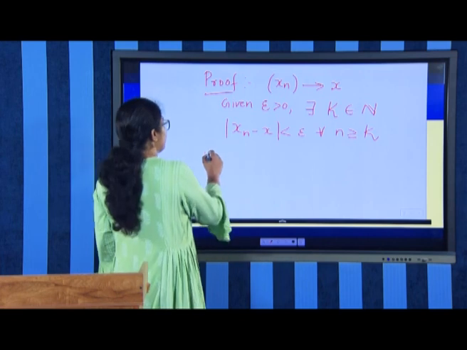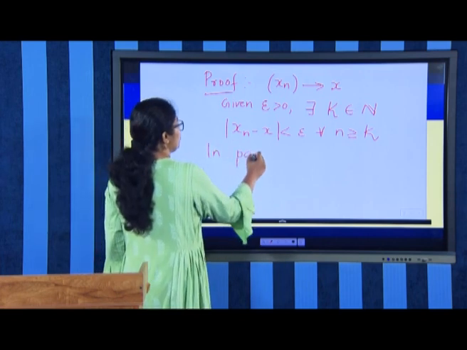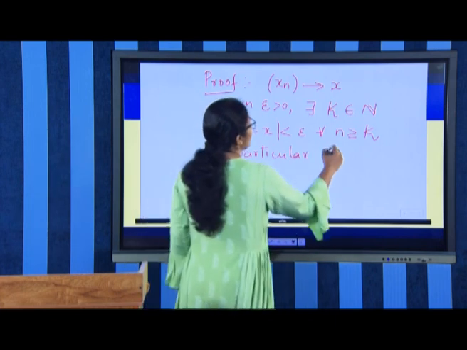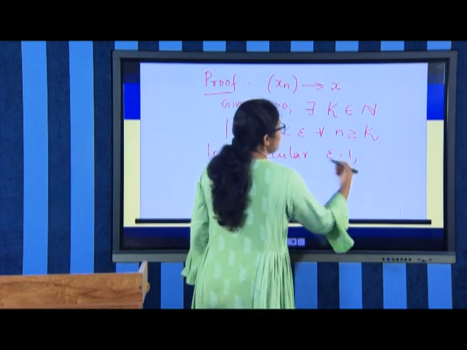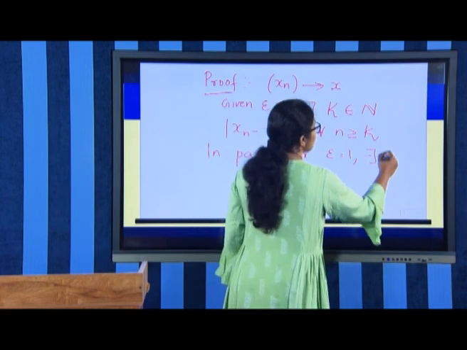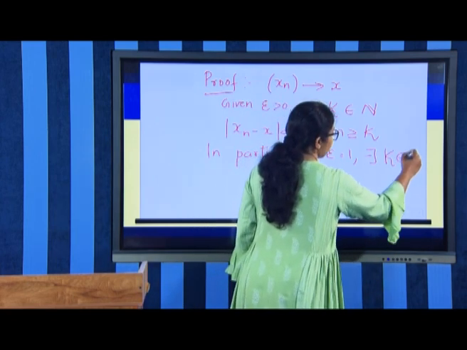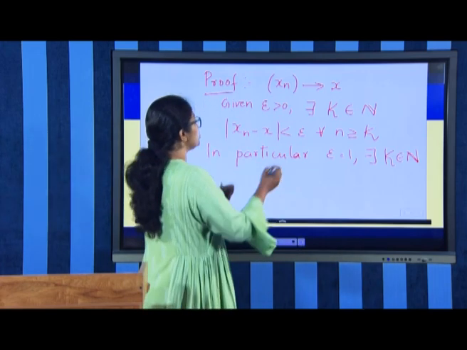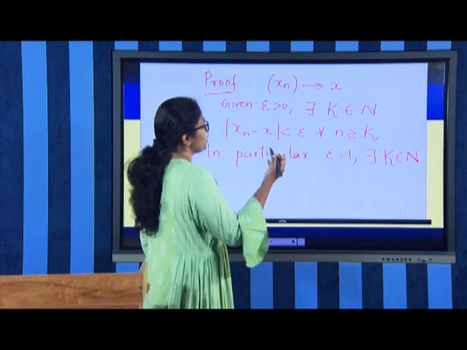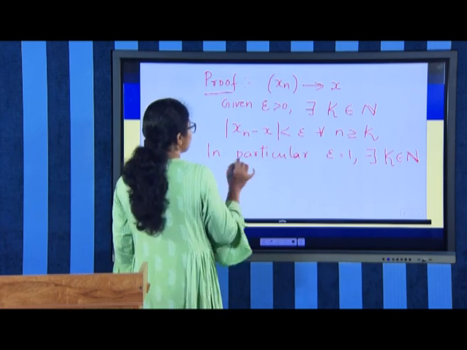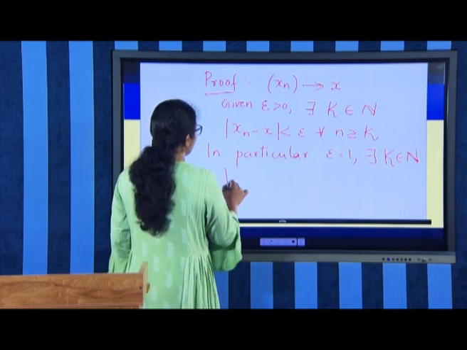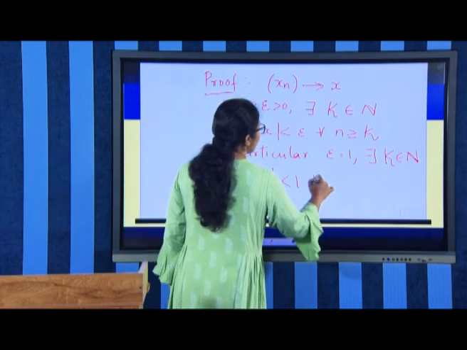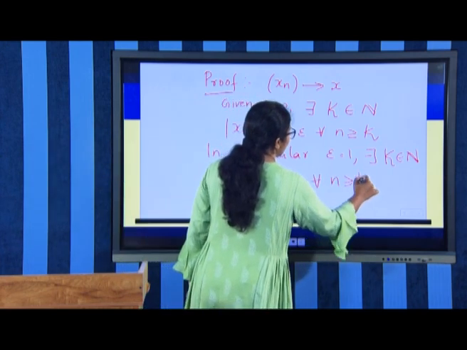So, in particular, for epsilon equal to 1 also, we can find some natural number k. I am calling the same number k itself because we do not know which natural number it is. So, we are using the same notation here, that does not matter, such that modulus of xn minus x is less than 1 for every n greater than or equal to k.